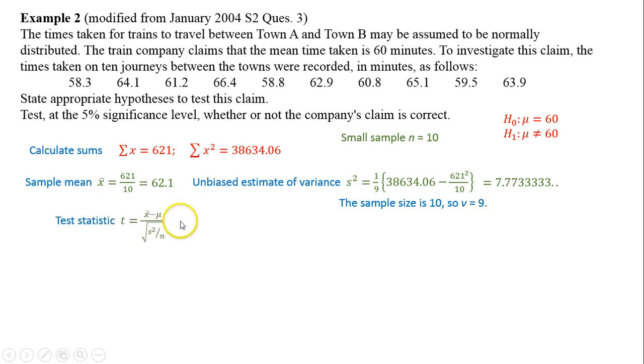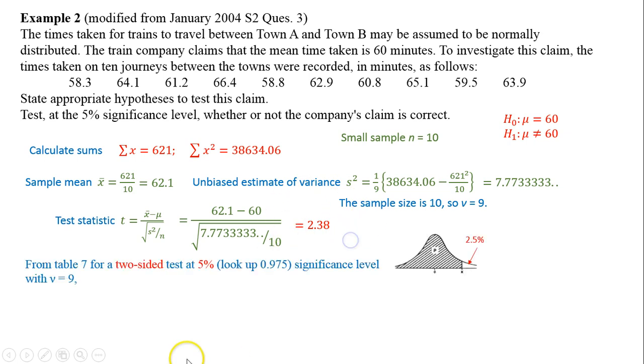Our test statistic is going to be 62.1 minus the 60 we want to prove over the square root of s squared divided by 10, which gives us 2.38. So that is what I am given in my sample. I need to compare that with a table. It's two-sided, 5%.